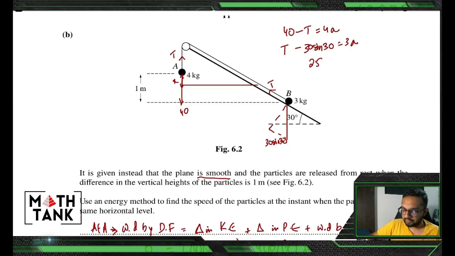So that's 25 over 25 equals 7a, a equals 25 over 7. So 40 minus... no, sorry, 25 minus T equals 4 times 25 over 7.